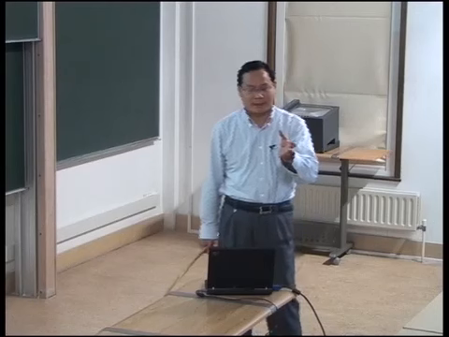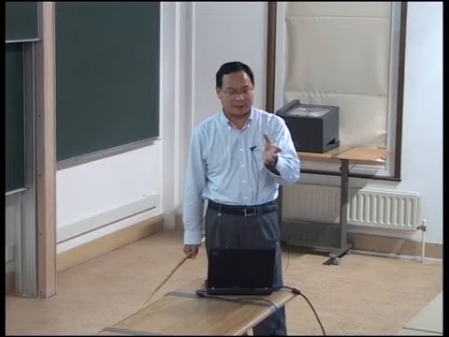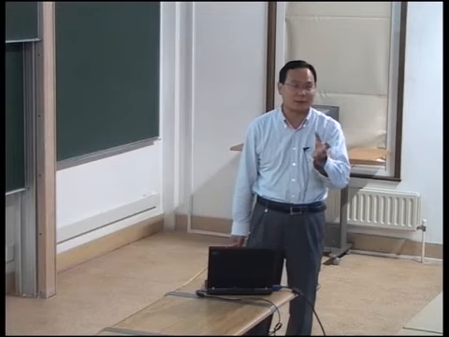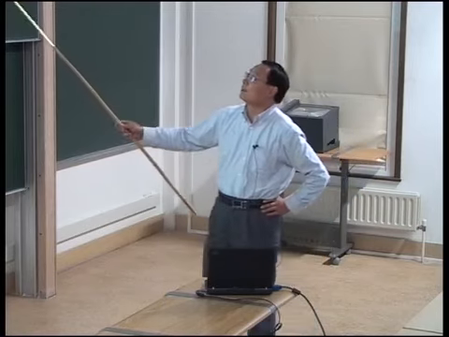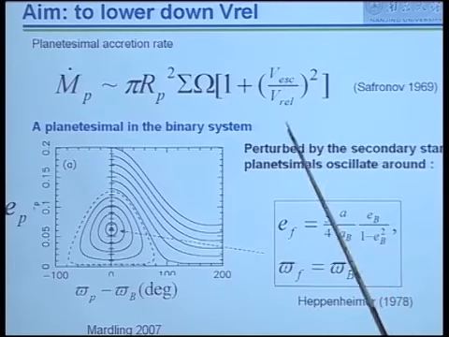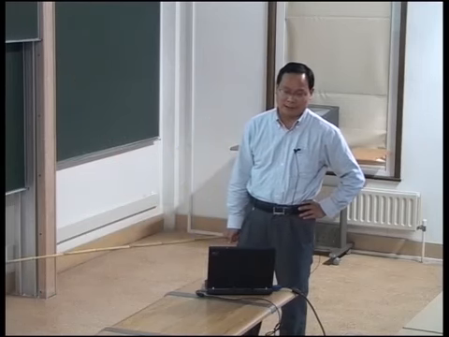So during their accretion, their relative velocity is huge. That means the accretion rate is small, because without gravitational focusing the accretion rate should be low. So what we do is try to find mechanisms to reduce the relative velocity during the accretion.